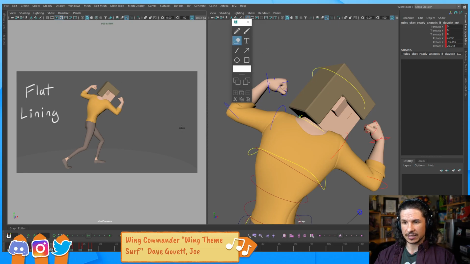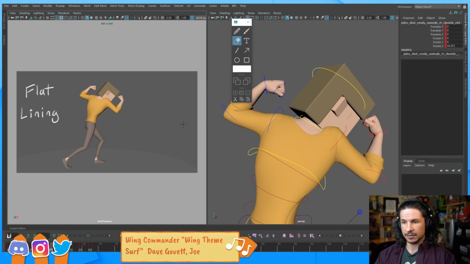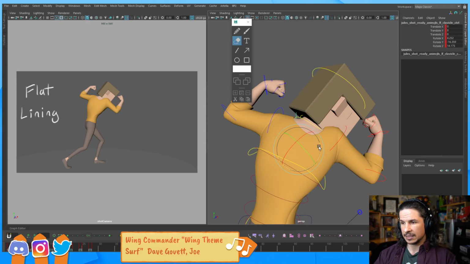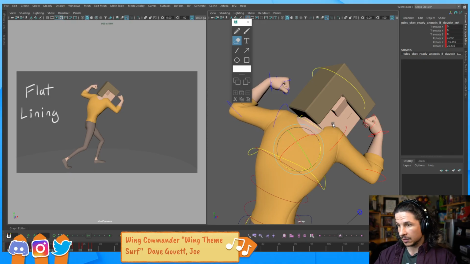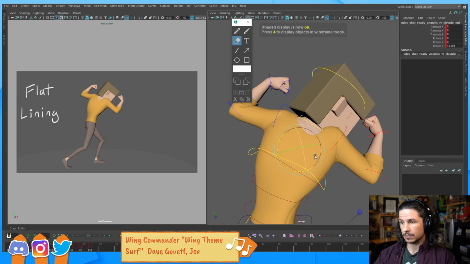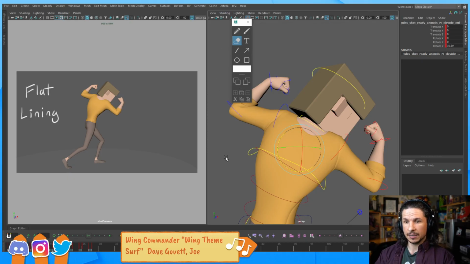Let me actually do this on a different key so we can compare the two. Once again, let's raise this one just a little bit, and then lower the other one. Something like that. If we compare the two, you can see how that is a little bit more dynamic.